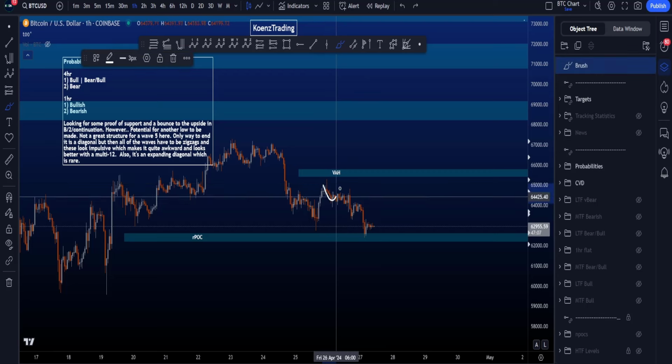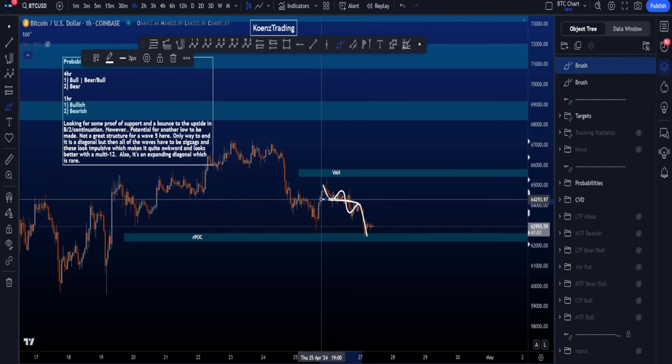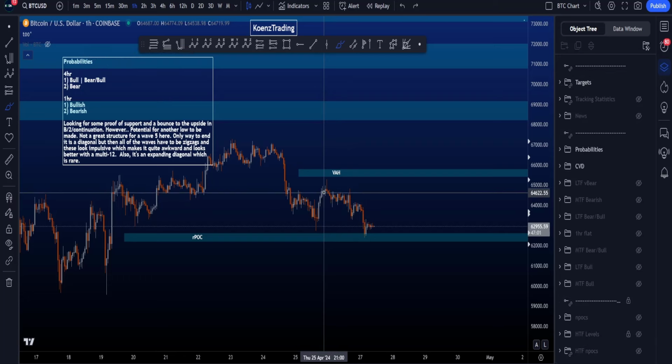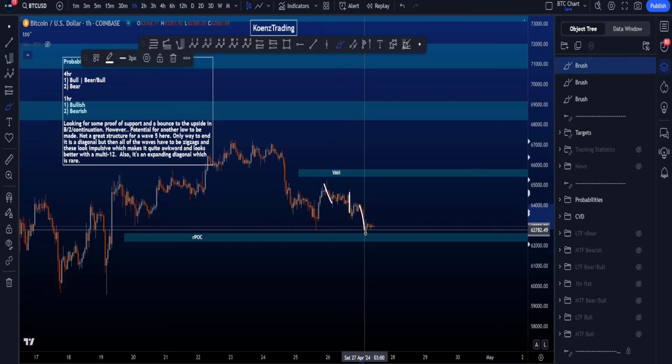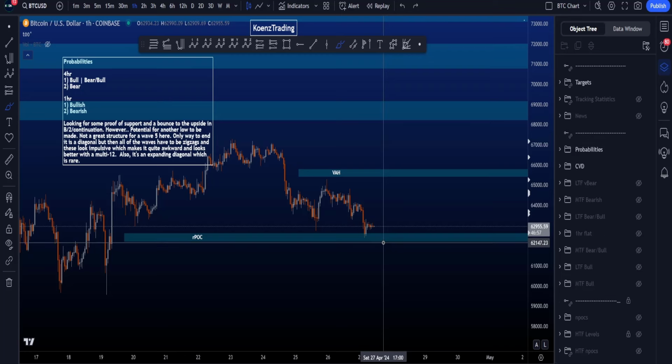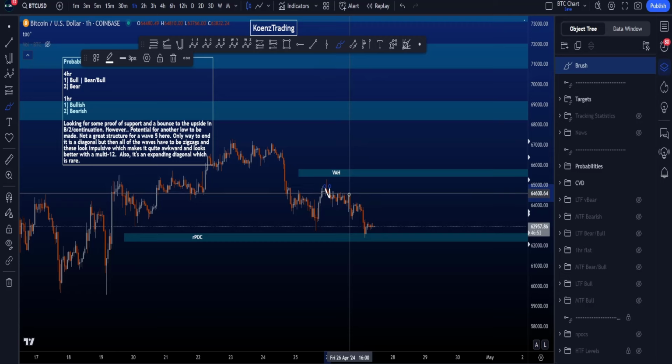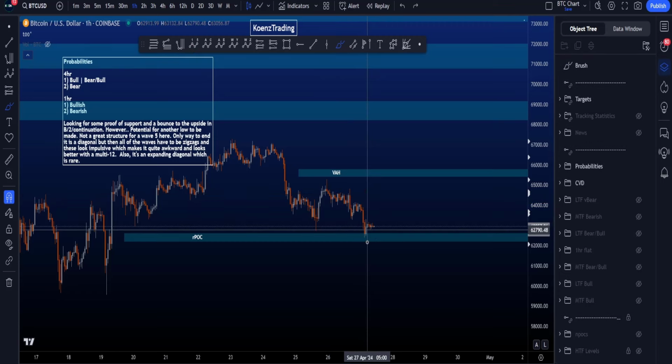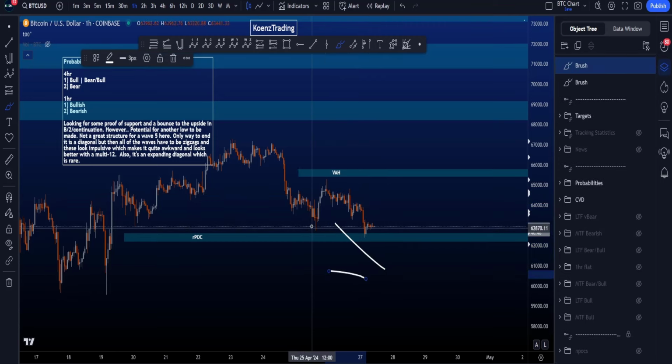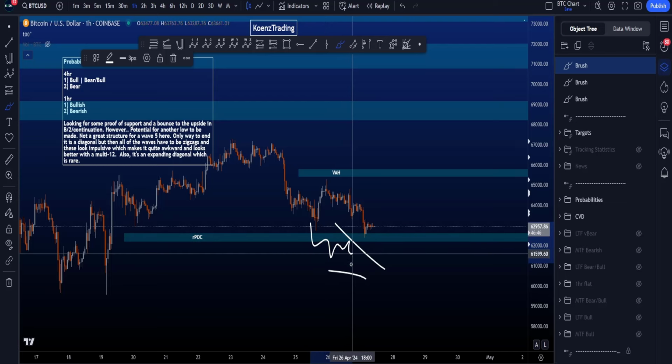Now, because of the overlap between 1 and 4, that is not allowed. So then we have to think about diagonals, but these moves to the downside are pretty sharp, and you would need to go to the 3-minute time frame or 1-minute time frame to see if you can count a zigzag in here instead of an impulse, because in an ending diagonal, all of the waves have to be zigzag structures.